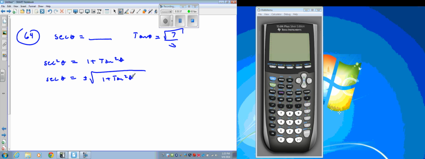Which quadrant am I in? And in 3, both x and y are what? Negative. Okay. I thought I heard someone say positive, but I think I just misheard. Secant is 1 over cosine. So this you're going to select what? Negative here. And you're going to substitute in negative, and that's going to be the square root of 7 over 3 quantity squared.